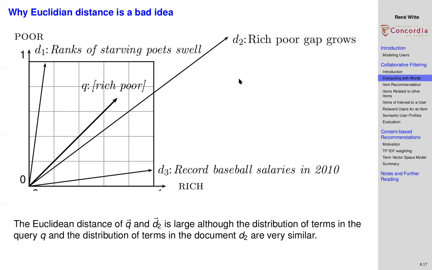So in this example here, we are looking at vectors representing documents, text, like a post or a news item. And we want to find out which ones are similar. So if you look at the distance between the one here, rich, poor, and the three entries, ranks of starring poets, well, rich, poor, gap grows, record baseball salaries in 2010.